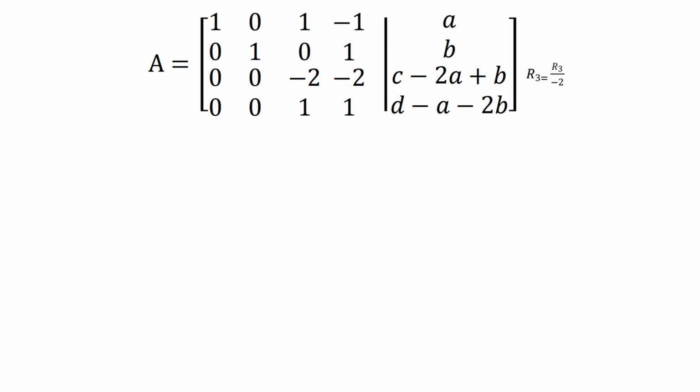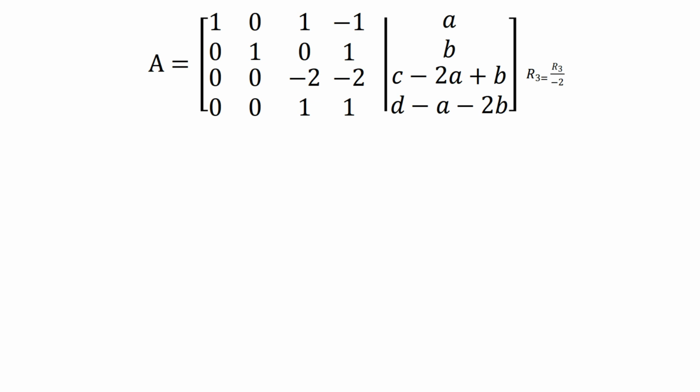Next, we are going to divide row 3 by negative 2 so that we will have our leading 1. So our new matrix, we have A is equal to this matrix. Column 1, we have 1, 0, 0, and 0.